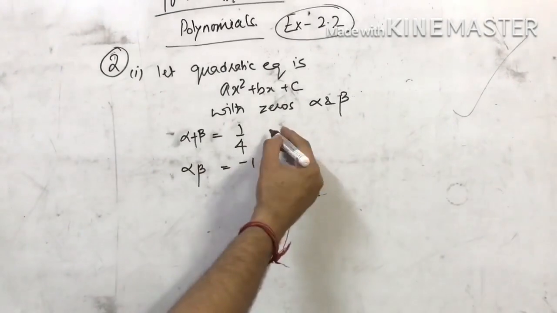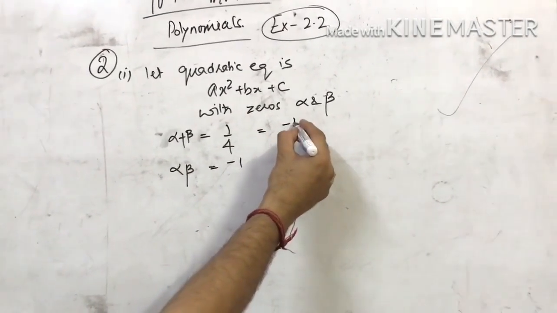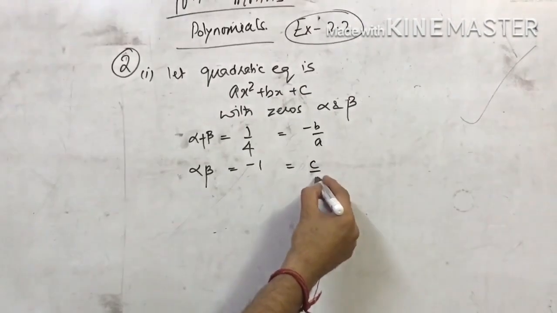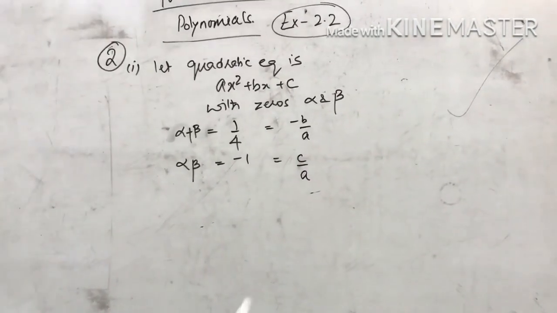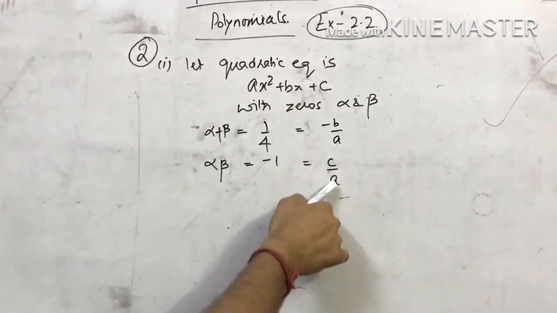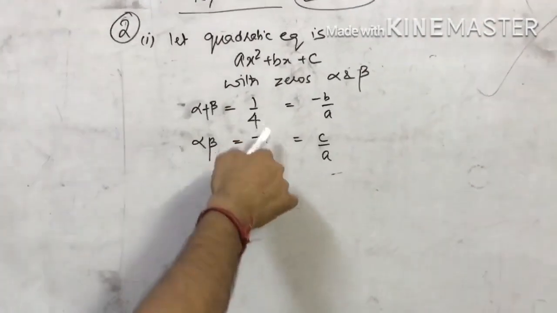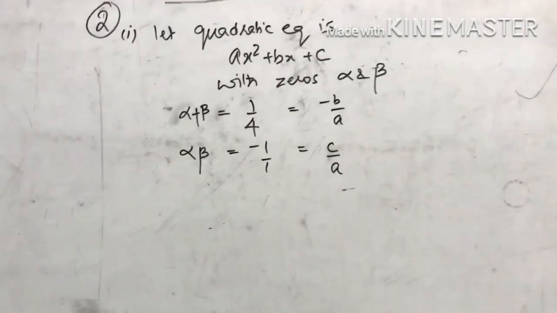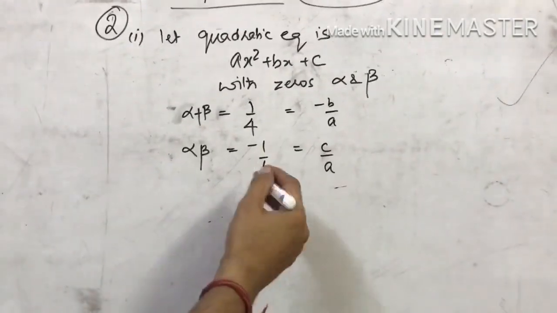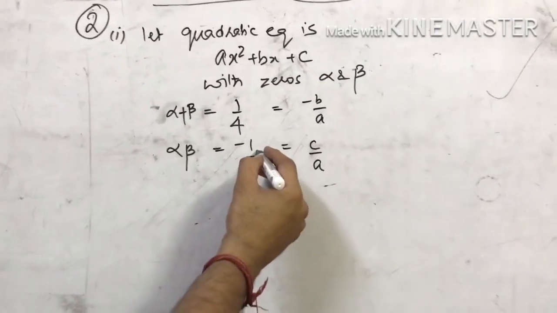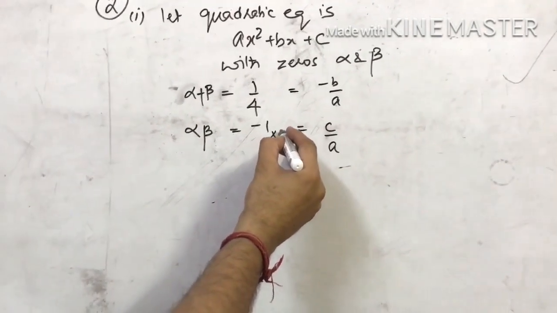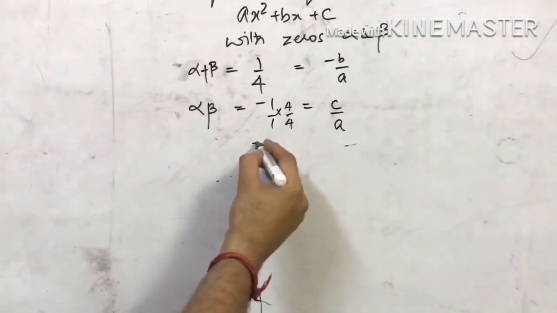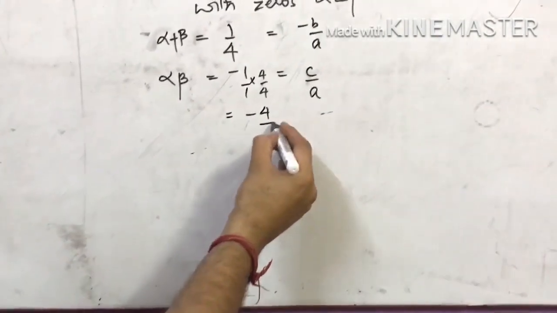Now see, you know sum of roots is always minus b over a, and product of roots is c by a. That means this denominator is the same, a and a, but here it is 4, but there is no number here. Maximum you can put 1 here. Generally it happens. You can make it rational by putting 1 in the denominator. Second part, you multiply this number by 4 in numerator and denominator, you will get minus 4 over 4.